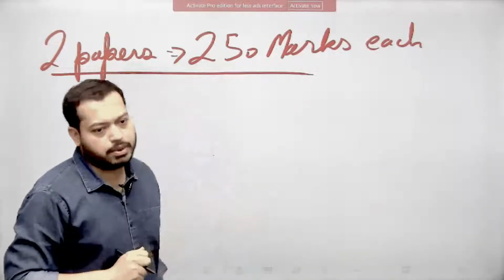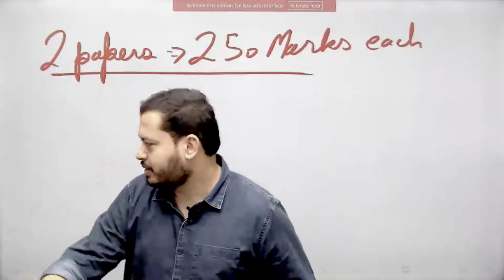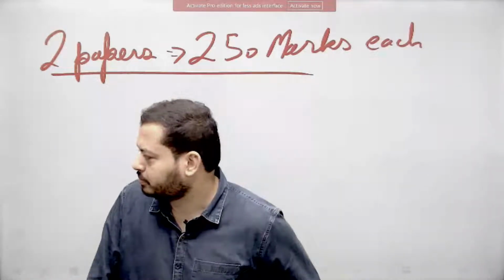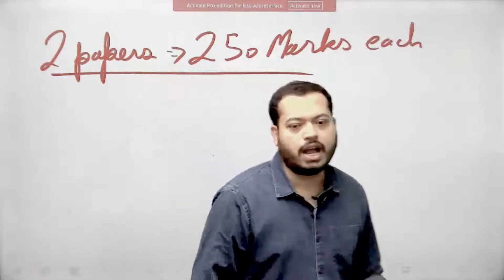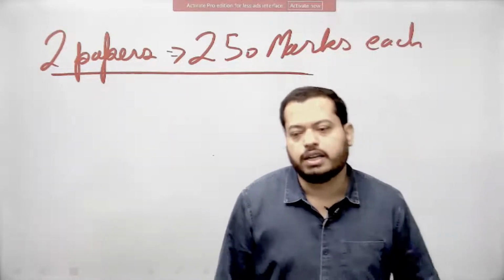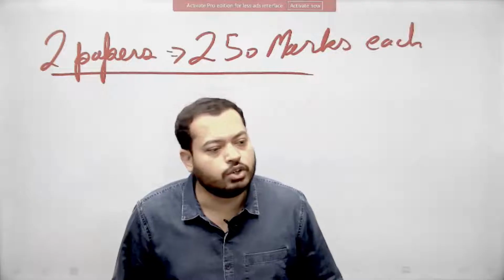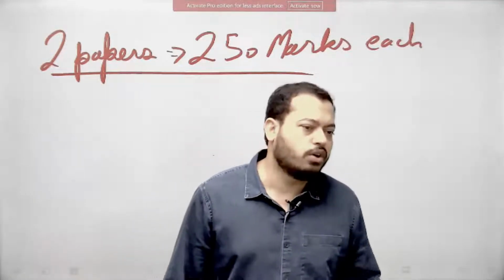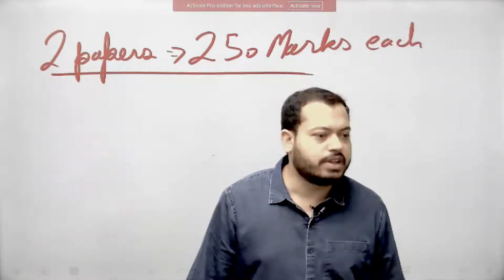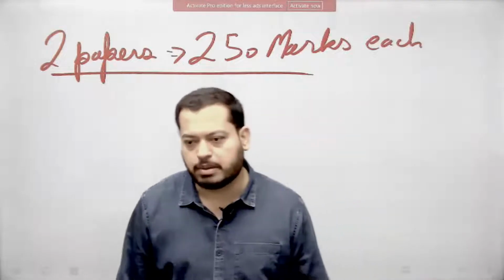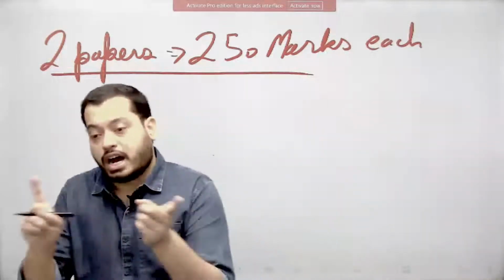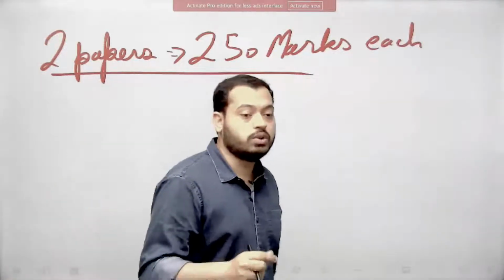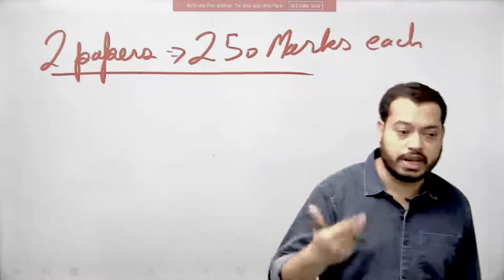So you need to be aware first of all that there will be two papers. What you need to understand is that humanities is always chosen because of the overlap, whether in the GS paper in the preliminary round, or afterwards in the mains round, where you will have GS paper 1, 2, 3, 4 and essay.